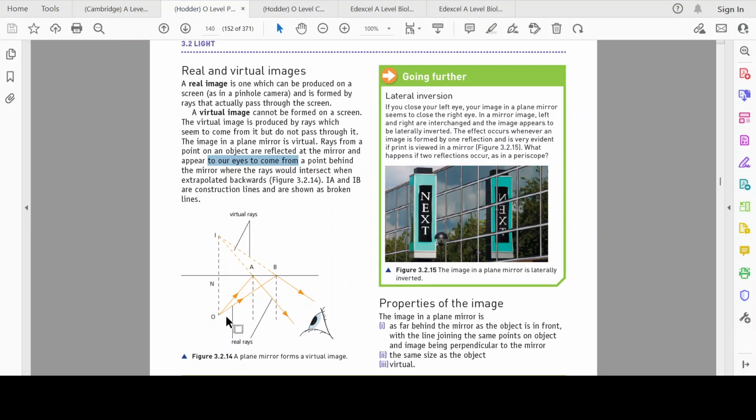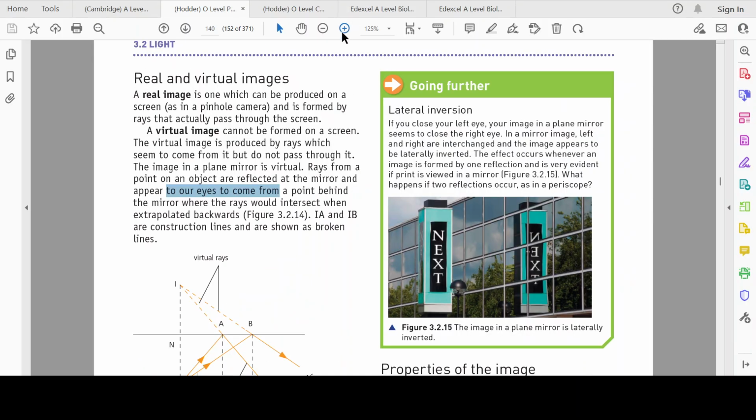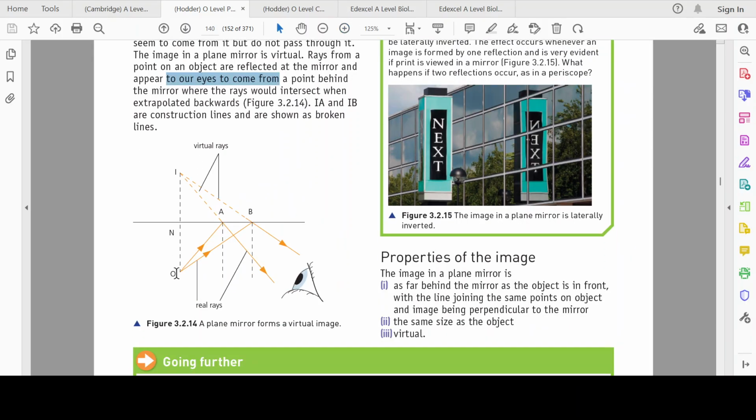rays. And so light, zoom in a bit, light from this object is hitting the mirror, it's being reflected, and as you can see, it's diverging, so it's spreading out. But if you just retrace it back into the mirror, you can see at a point which is equidistant, the same point in the mirror, is where they're converging over here.